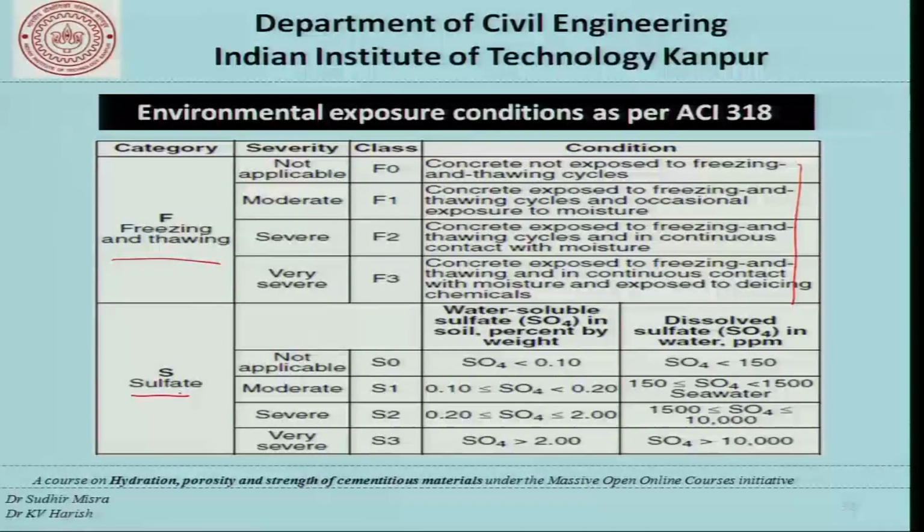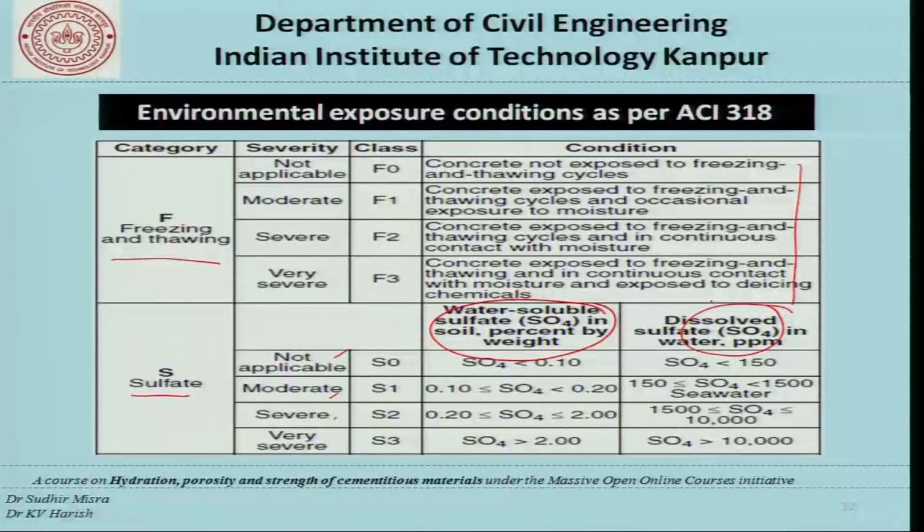Similarly, for sulfate attack or the likelihood of a sulfate attack, from not applicable to moderate, severe and very severe, classified in terms of what is the water soluble sulfate content in the soil or the dissolved sulfate in water where the concrete is likely to be exposed to, the environmental condition is different.